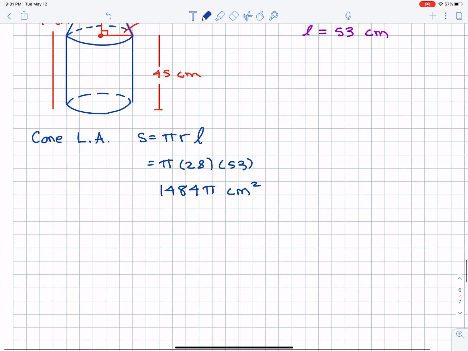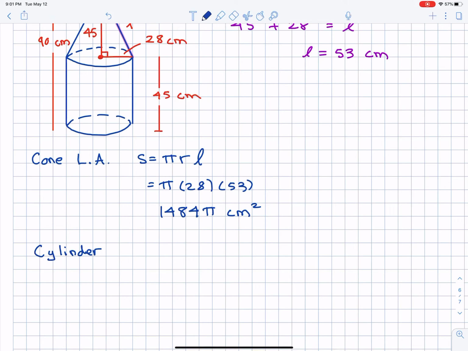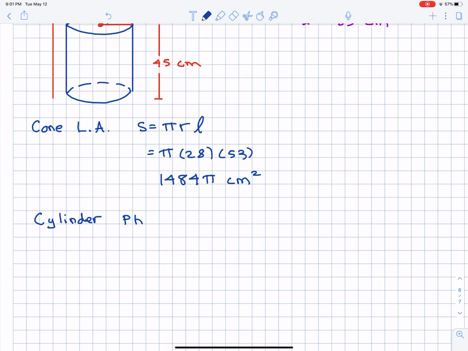Let's go find the cylinder. So for our cylinder, a reminder on our formula. Remember, in order to find the cylinder, it's the perimeter times the height, perimeter times height, usually plus a base there.